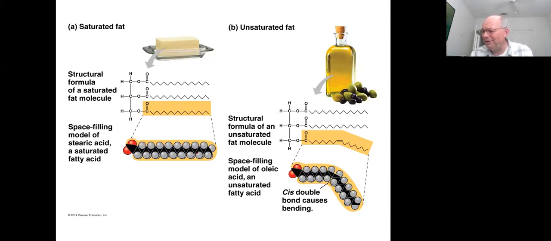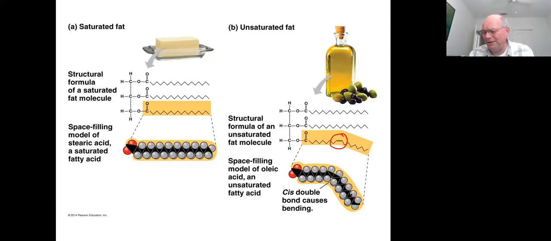So this is a saturated fat, and it is linear. This fatty acid called oleic acid is exactly the same length in terms of the number of carbons as stearic acid. But it has one difference. It has a double bond between these two carbons, and you can see what effect that double bond has. It causes the carbon chain to bend.